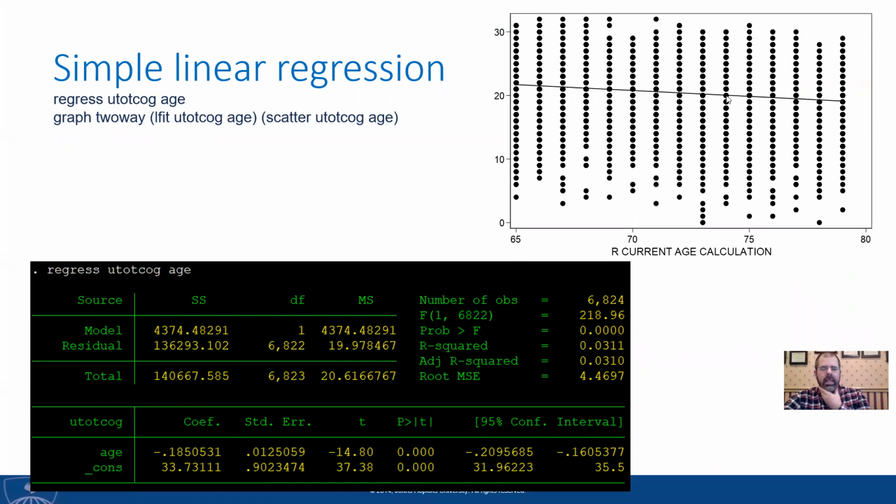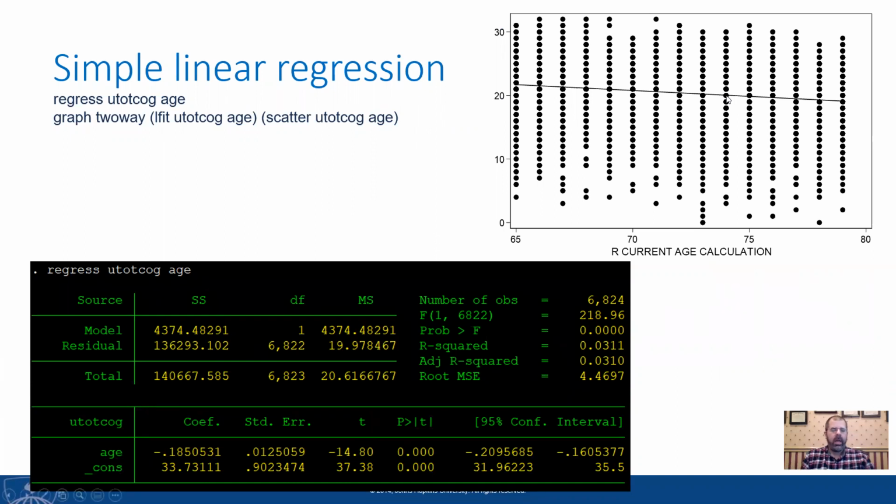Here we conduct a simple linear regression of the UTOTCOG, the cognitive score, on age, and I'm graphing the relationship between these, so that we see a graphical relationship between cognition and age. First, let's look at the graph. The y-axis shows the cognition variable, which ranges from 0 to 32.